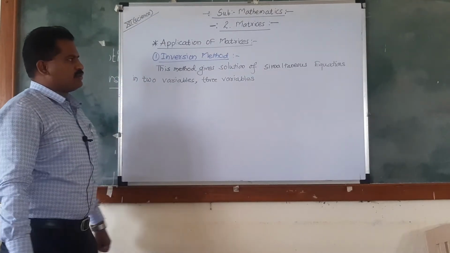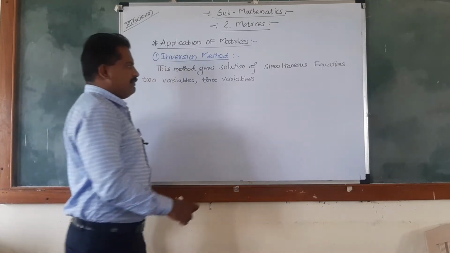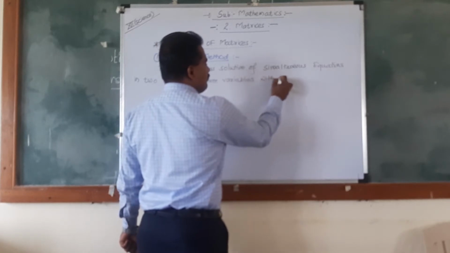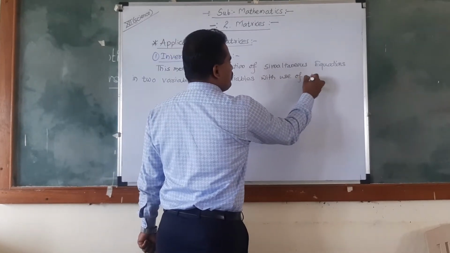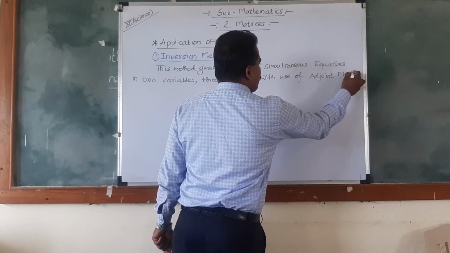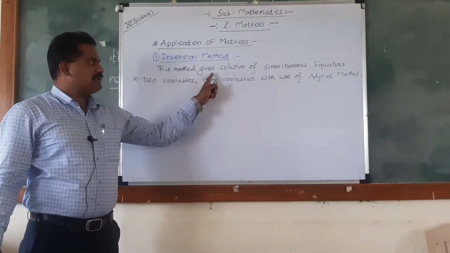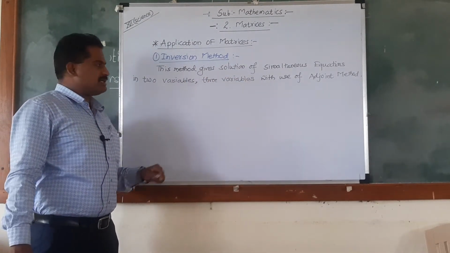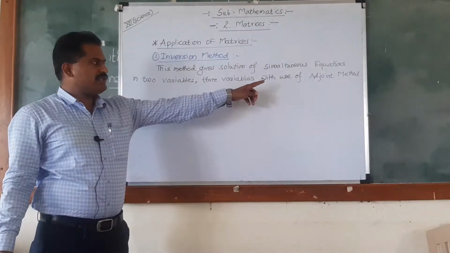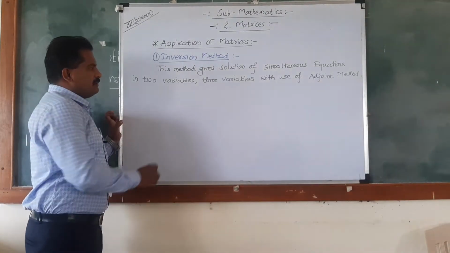This method gives solutions of simultaneous equations in 2 variables, 3 variables, with use of adjoint method. Okay, now some steps are there.